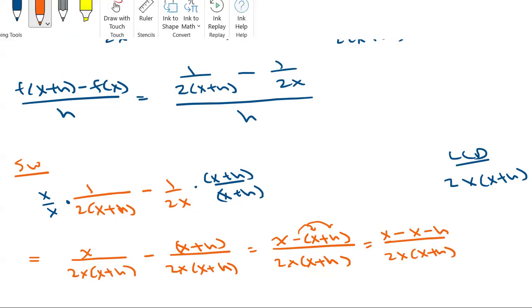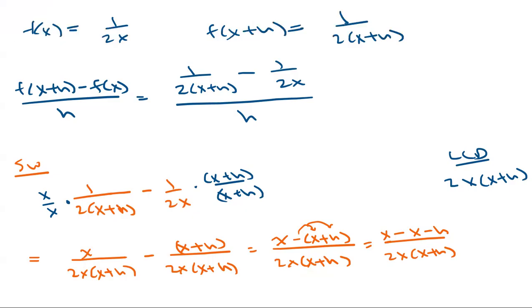So then in this case, my x's go away and then I'm left with -h over 2x times (x plus h). Okay. All right, but I'm not done because again, this is just the numerator.